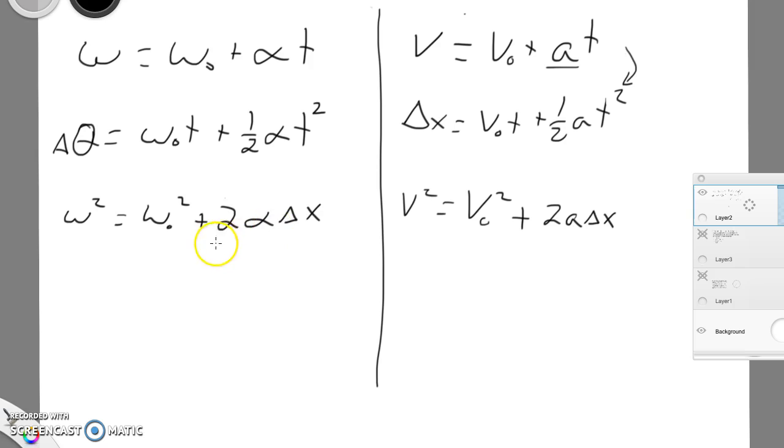So the trick here is being able to switch back and forth, realizing you're using the same equation, it's just that these are angular quantities, and recognizing that alpha, for example, is the angular counterpart to a for acceleration, and so on. And so we're going to go ahead and try these out in some problem-solving settings and see how we do.